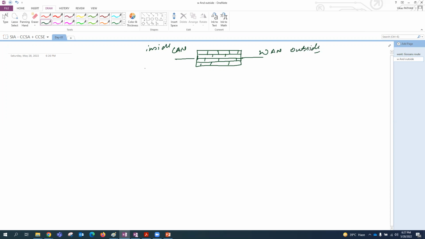So let's suppose when the packet gets initiated from the PC, from maybe inside or maybe the PC which is outside, this packet travels through the whole network and it gets hit on this interface, right?